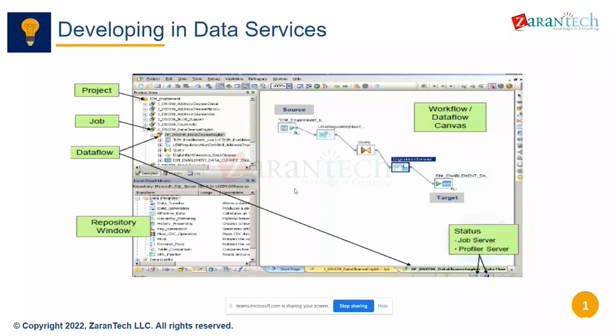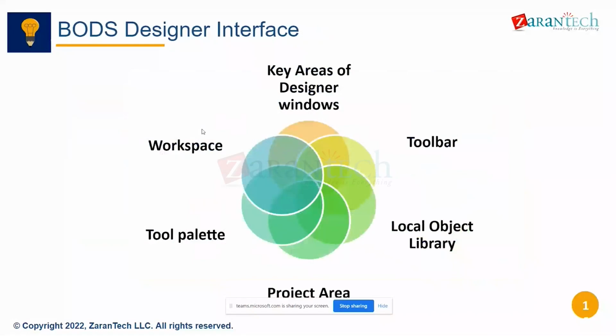This was the project area I told you, and this was the local object library. In that local object library, we have project, jobs, workflows, data flows, transformations, data stores, file formats, and custom functions. And this was the workspace, or work area, whatever we call it.